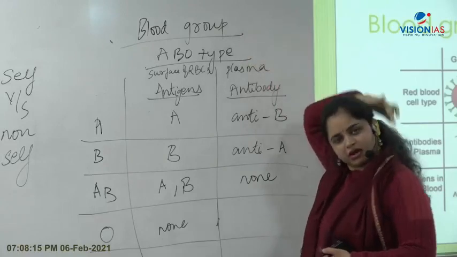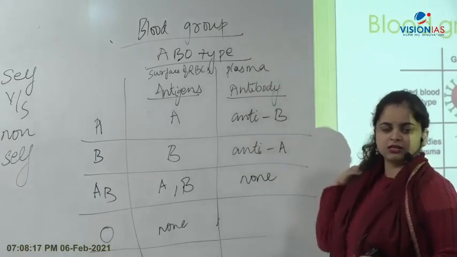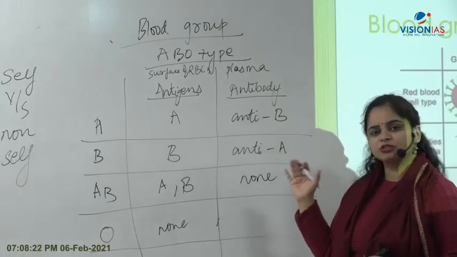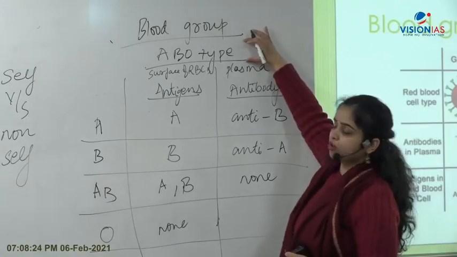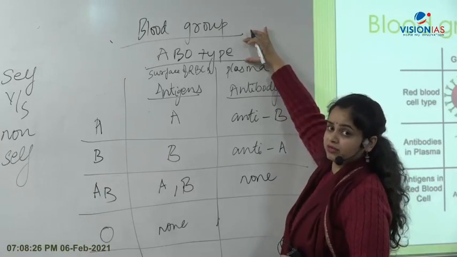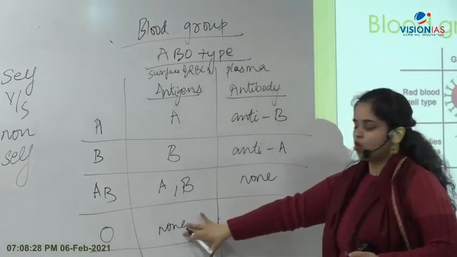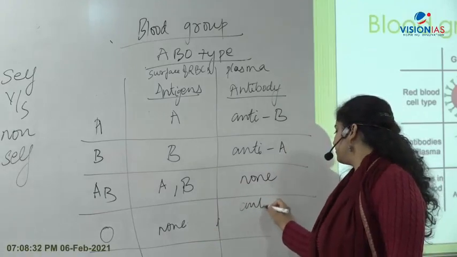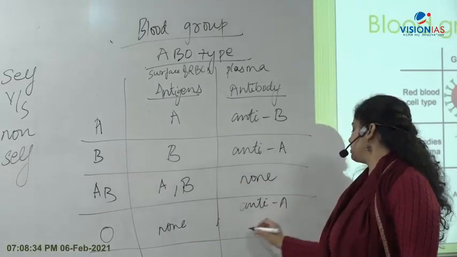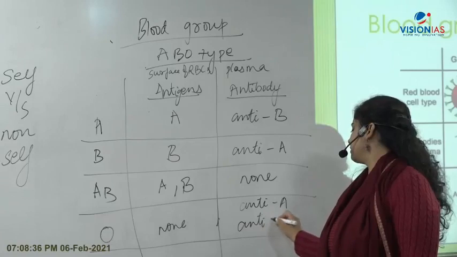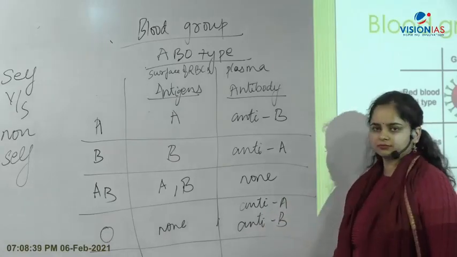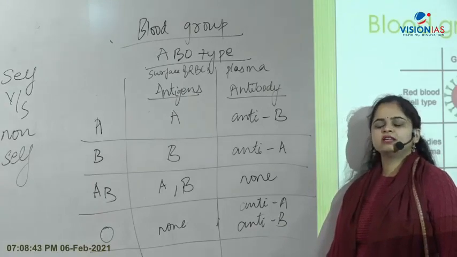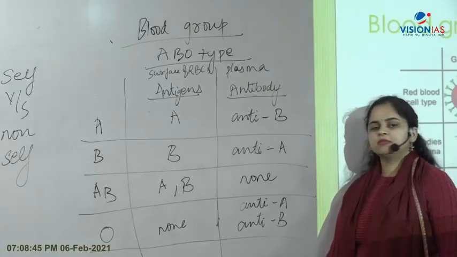All other types of antibodies, if COVID infection is there, COVID antibodies or any other, those antibodies would be there. But here we are just talking in reference to the ABO blood group type. O, because it has no antigen, there is no problem. It can have both the antibodies, anti-A and anti-B. Both of these could be found in blood group O.